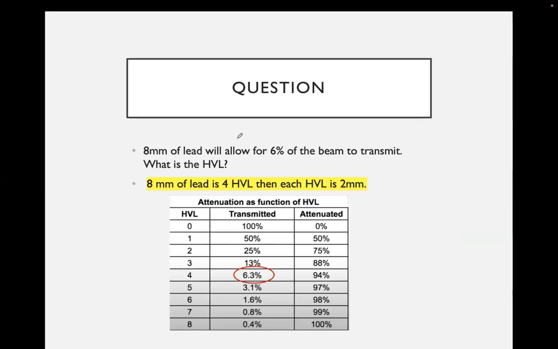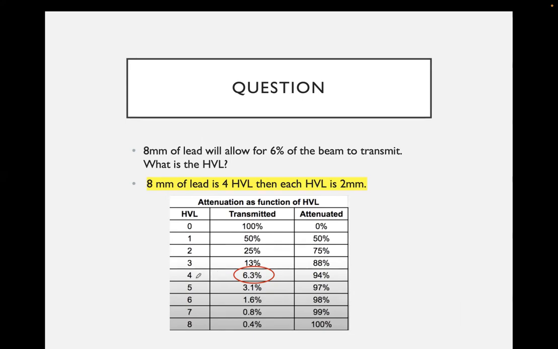Okay, so now it says 8 millimeters of lead will allow for 6% of the beam to be transmitted. What is the half value layer? Here, this is just a table. This is saying 6% transmitted is 4 half value layers.